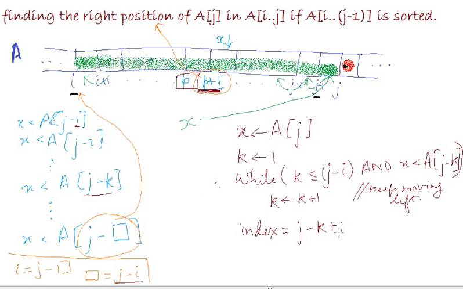This is for p and 1 for this one. So this is the algorithm that we were looking for, and we have to find this index, which is the right position of A[j] in A[i to j] if A[i to j-1] is already sorted.